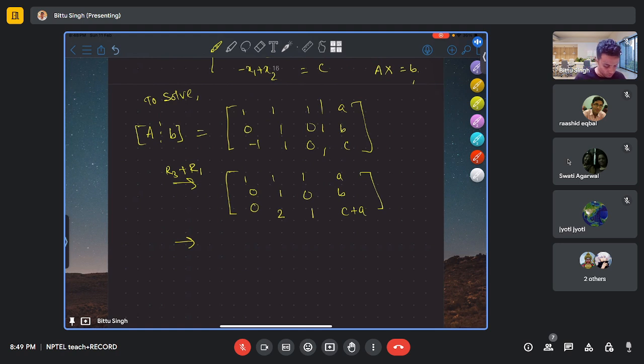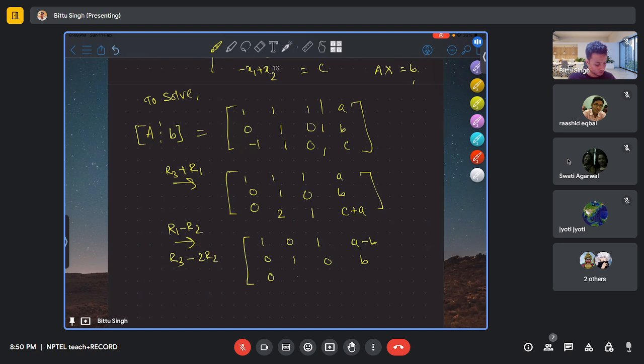Now again, you can apply R1 minus R2 and R3 minus 2R2. Subtracting this, you will get 1 0 1 with a minus b, and the second row remains fixed.